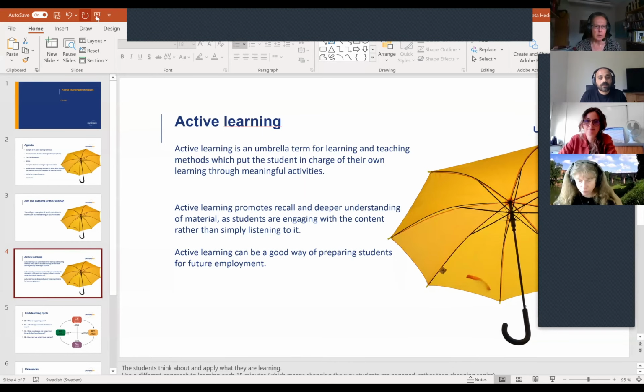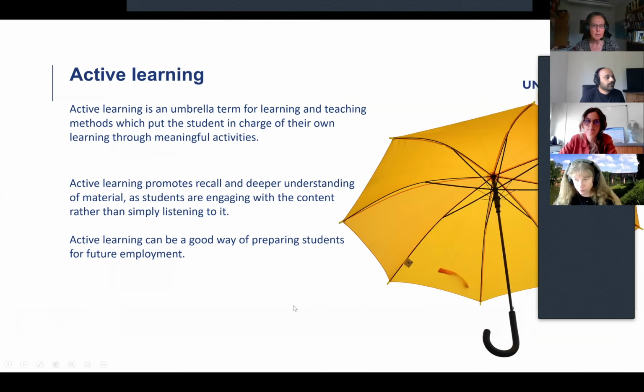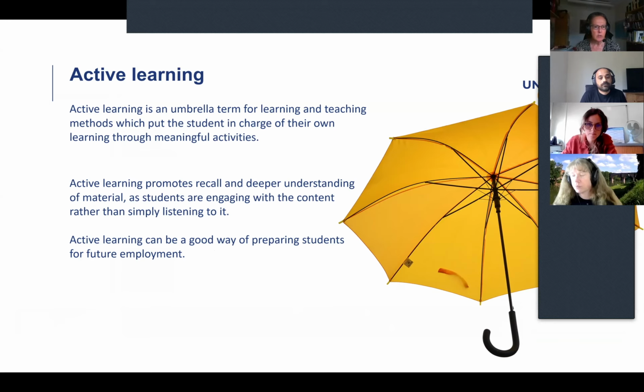We have now discussed, or just briefly discussed, some examples of how we can create a learning environment that activates, challenges and motivates our students. And this concept, active learning classroom, highlights that we as teachers can design teaching that is varied and challenging, and where face-to-face teaching is combined with both synchronous and asynchronous tools.